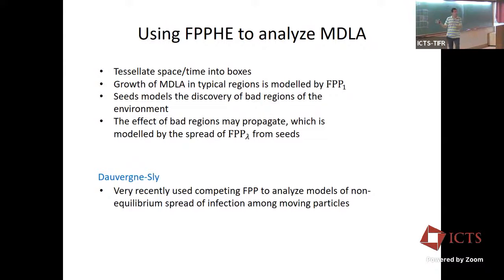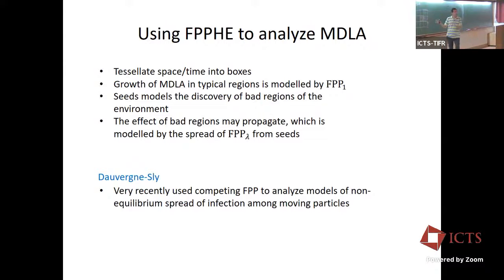Not only does it survive, but it survives and kills FPP lambda with positive probability. It means that every single seed of FPP lambda may grow a cluster, but this cluster will eventually be encapsulated by FP1, and FP1 gets rid of it and moves forward. This was very important for the picture that I showed you. So you get rid of any bad region as it grows.